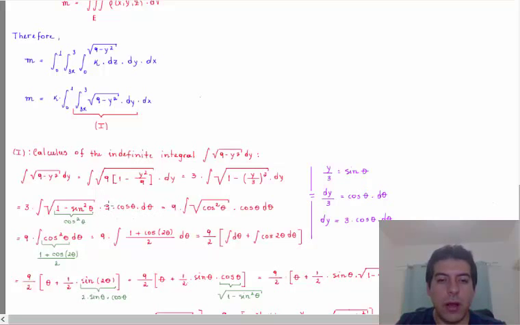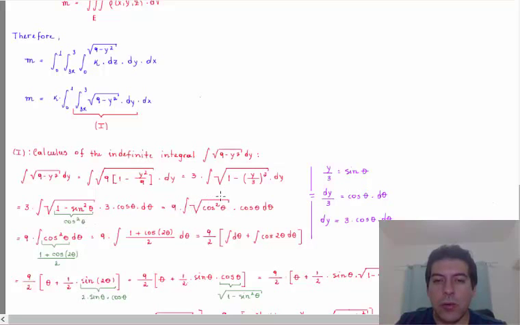This 3 right here will multiply the 3 outside of the integral, so we have a 9 outside of the integral times this 1 minus sine squared of theta, which by the fundamental law of trigonometry can be written as cosine squared of theta.